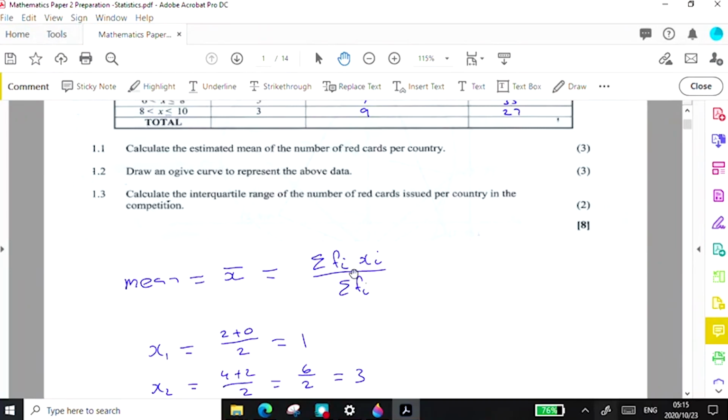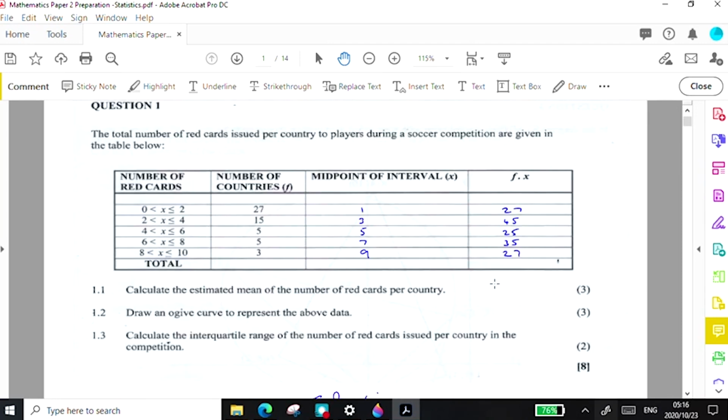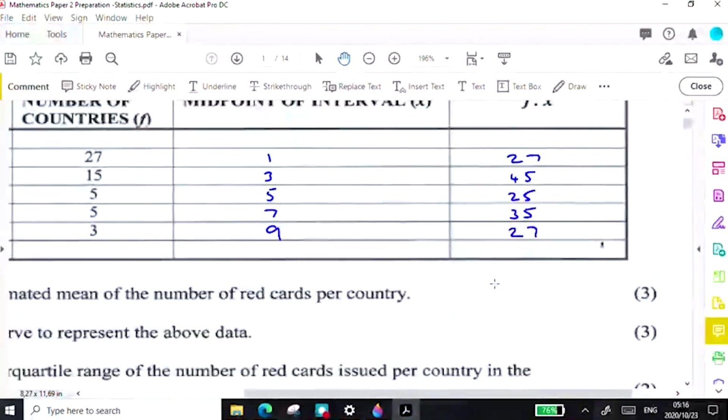To get the numerator, we need to add all the fi times xi. Adding all these values, we get 159. We also need to add all the frequencies to get the total number of red cards.